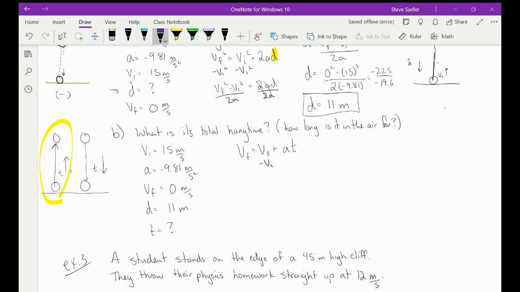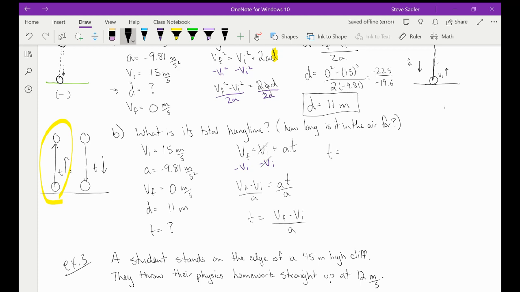I will subtract v initial from both sides. I keep using inconsistent language, I apologize. So now I've got v final minus v initial, these ones cancel out, is equal to at, and then I can divide by a on both sides. I'm left with t is equal to v final minus v initial over acceleration.